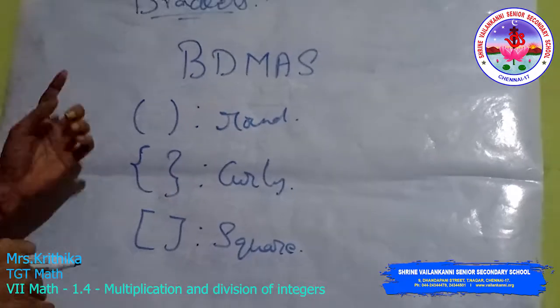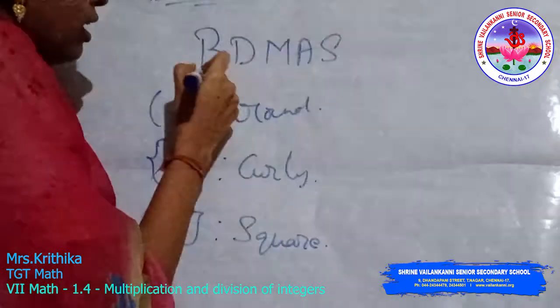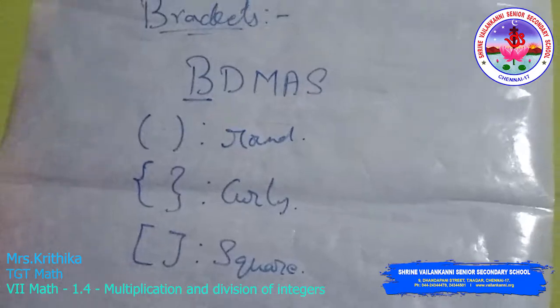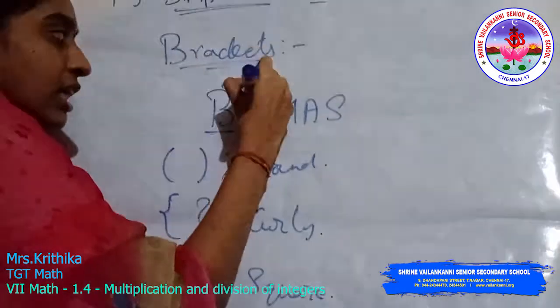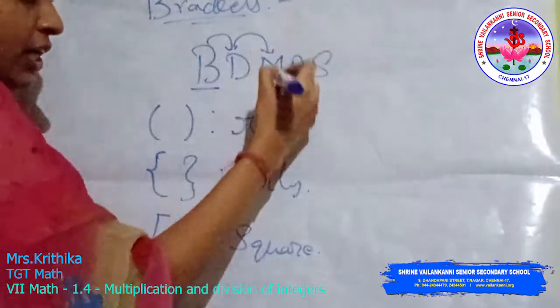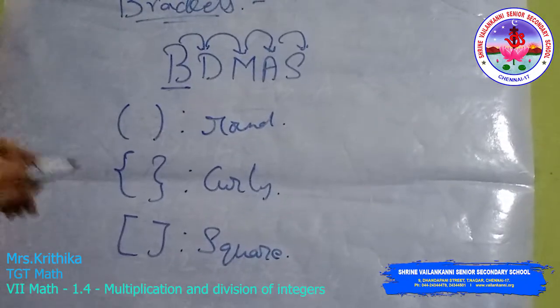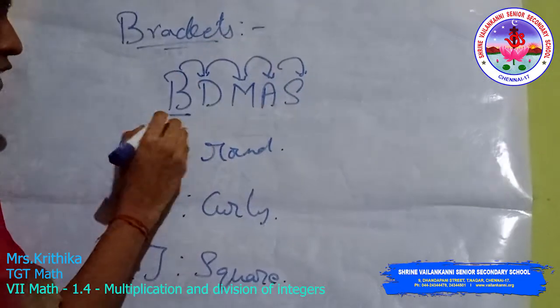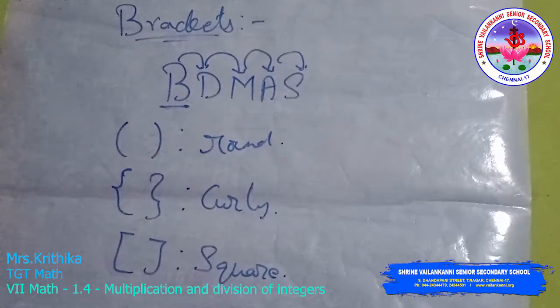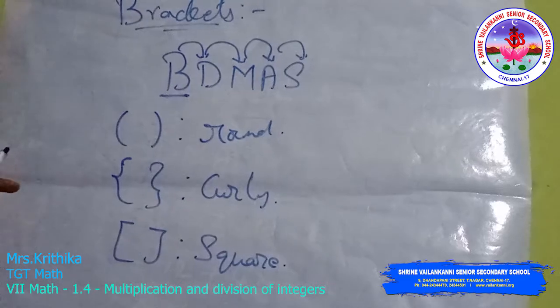The first priority goes to solving the bracket values first. Next we move to division, then multiplication, then addition. The last one is subtraction. First you solve the bracket values in the expression.